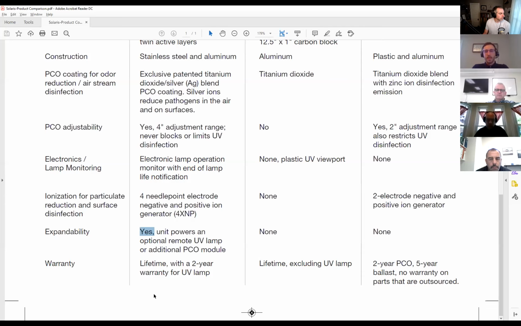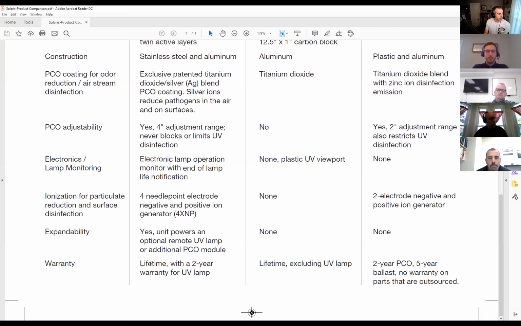This is important just because you can plug it into the Solaris versus having to wire it into the system 2 times. So you wire one unit into the system, and then you can just plug that additional lamp into that one unit you've already wired into the system instead of having to do that twice. They do not offer that on theirs.